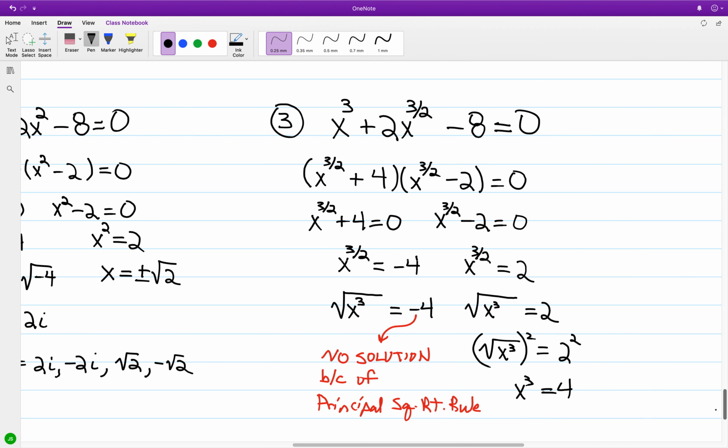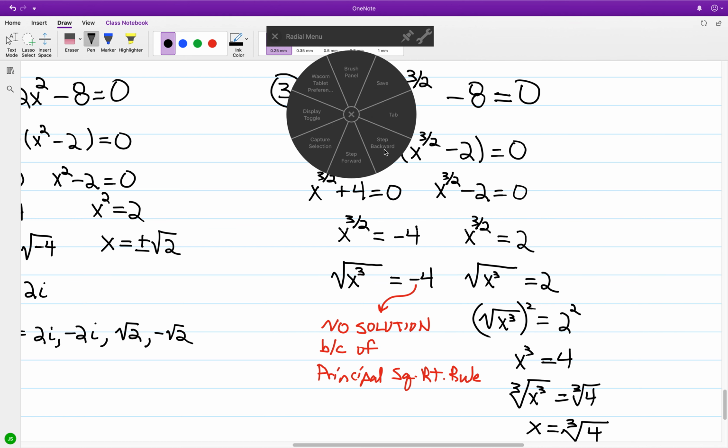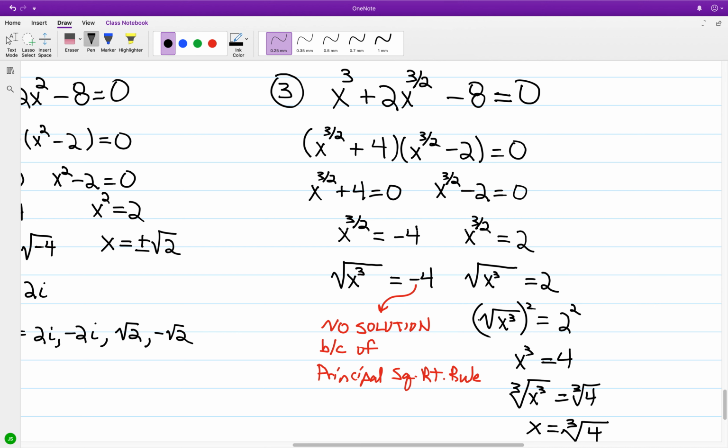If I take the cubic root of both sides, the cubic root of x cubed goes to x, and the cubic root of 4 cannot be reduced any further, so there is one solution for x, and only one, the cubic root of 4.